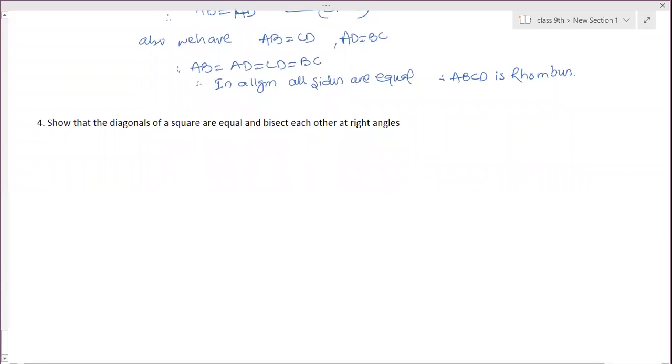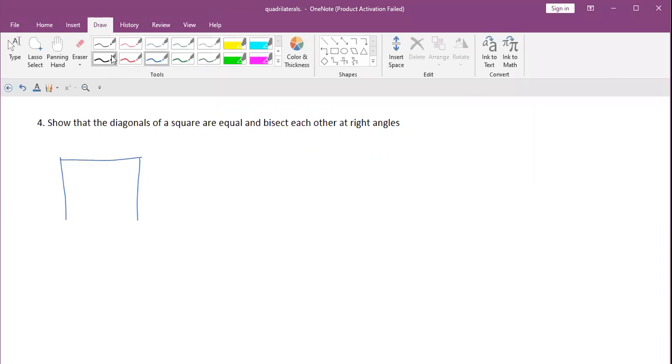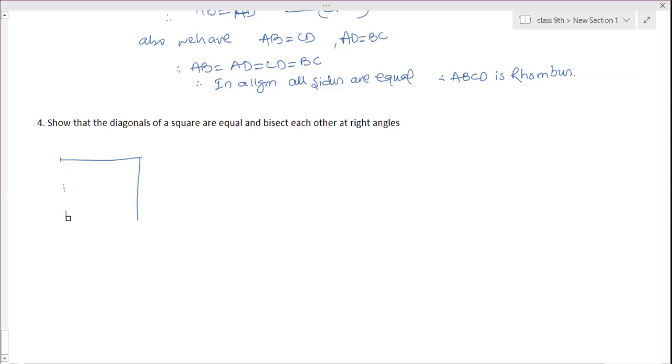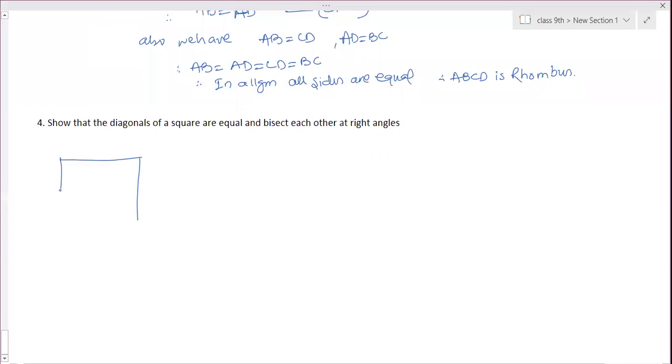Now square: all sides equal and angles are 90 degrees. That is a known fact. A, B, C and D. ABCD is a square.